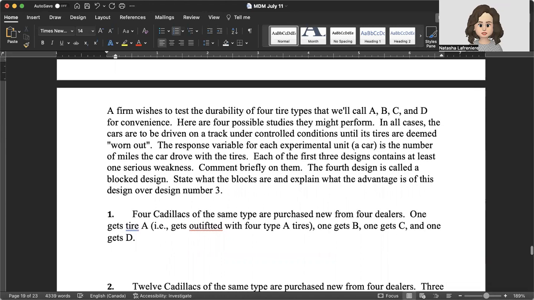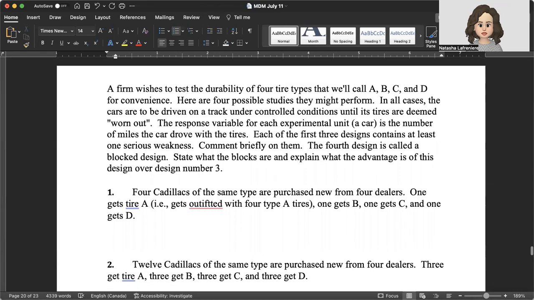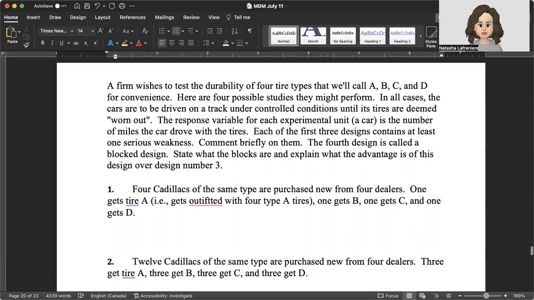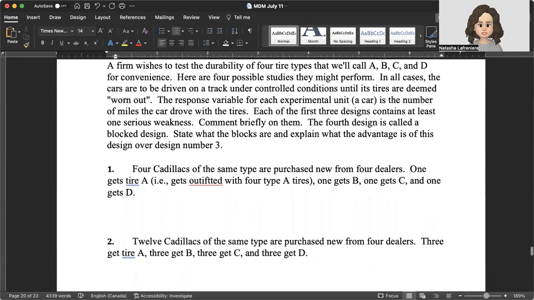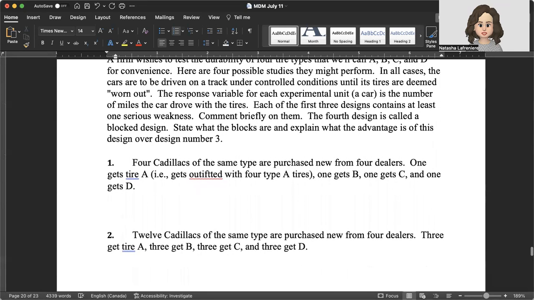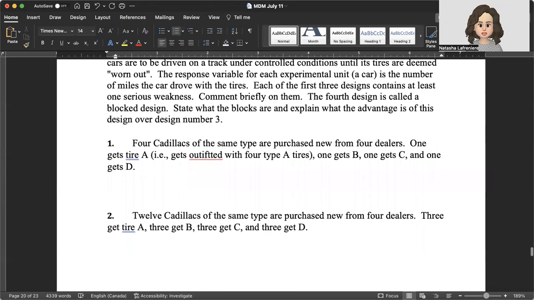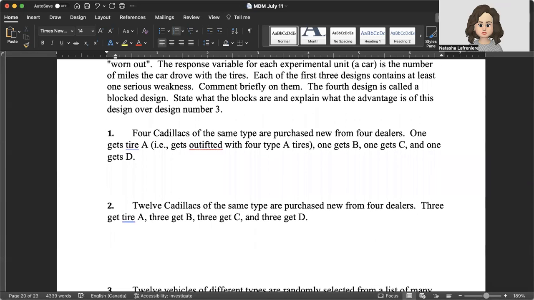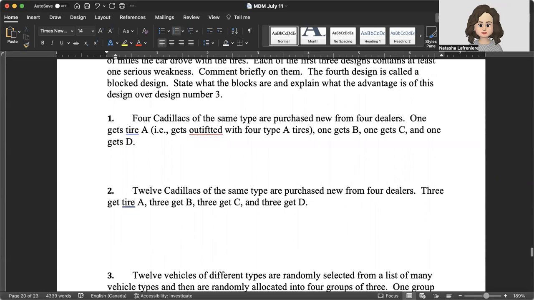The response variable for each experimental unit, a car, is the number of miles the car drove with the tires. Each of the first 3 designs contains at least one serious weakness. Comment briefly on them. The 4th design is called a block design. State what the blocks are and explain what the advantage is of this design over design number 3.